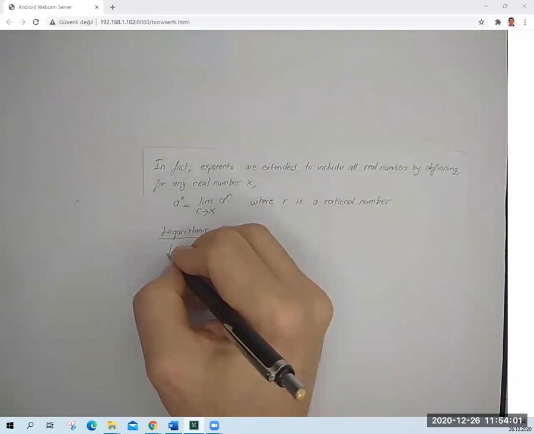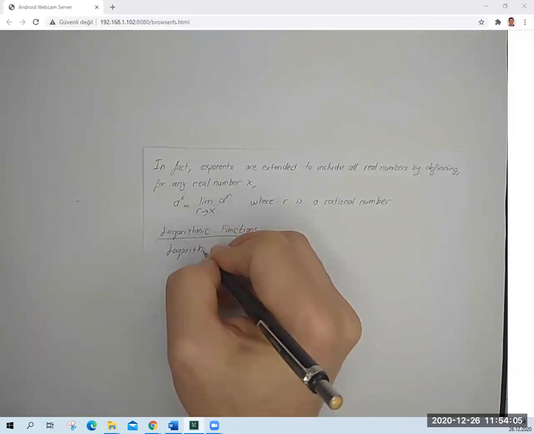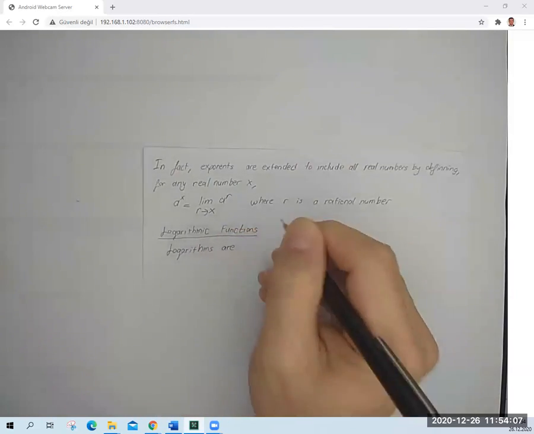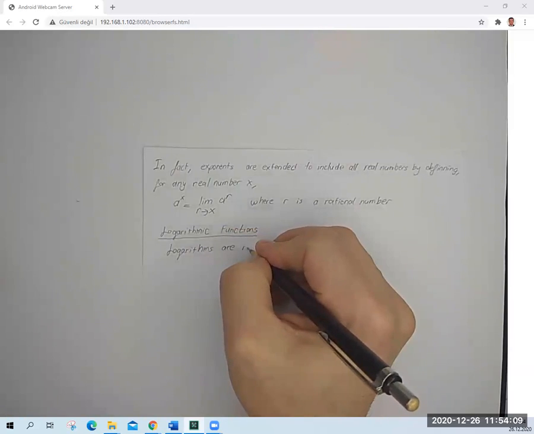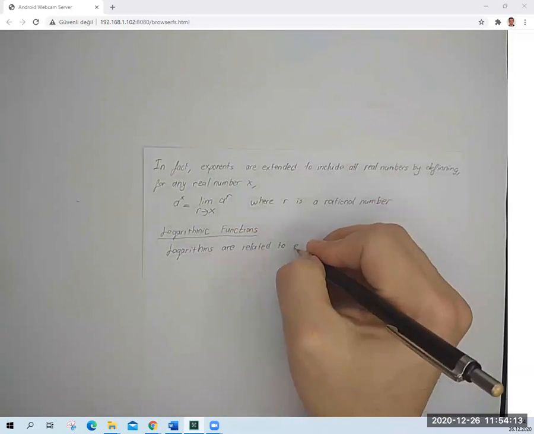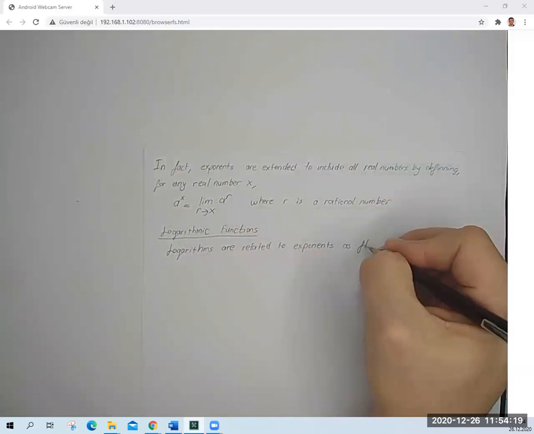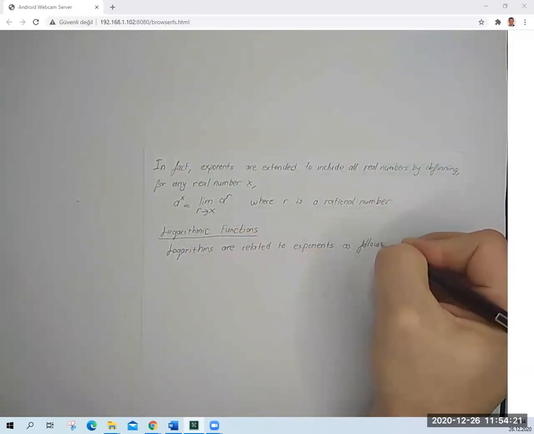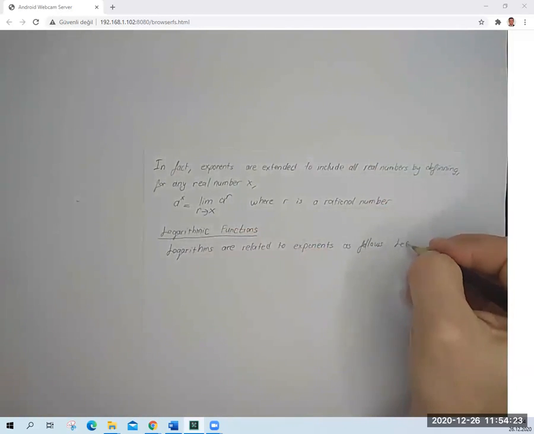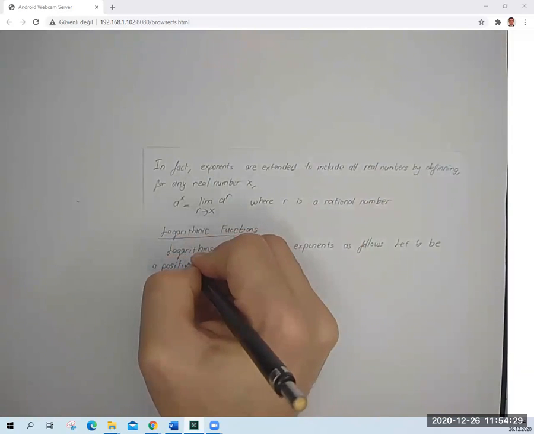So logarithms are related to exponents as laws. Let b be a positive number.